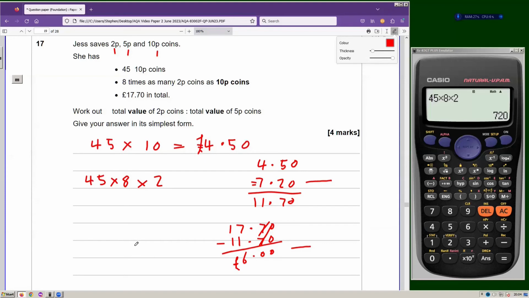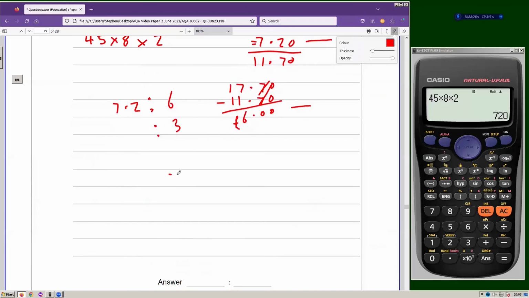So the ratio is 7.2 to 6. And can it cancel down at all? I think we're going to have to go 720 to 600. Use pence, okay?